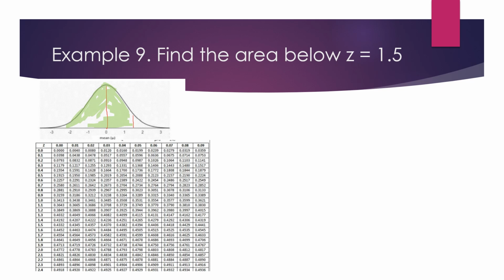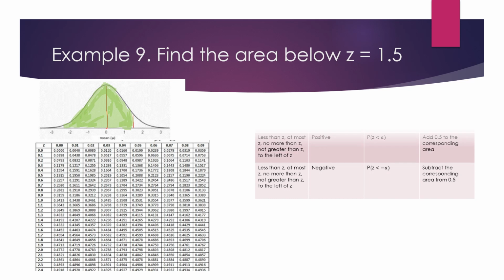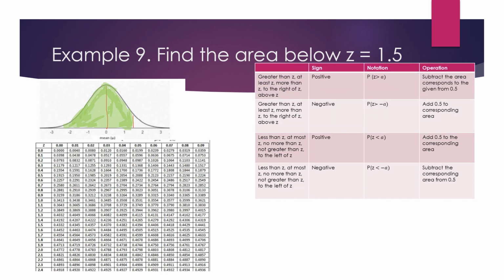So what is now the area of this given region? It overlaps the 0.5 or 50% of the other side of the normal curve, and the area of 1.5. Below is under this part.